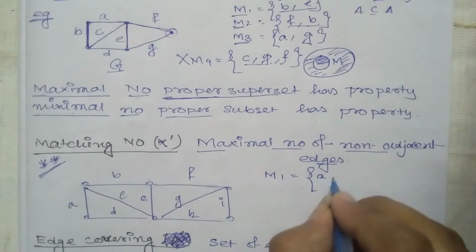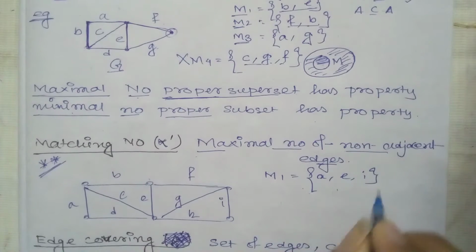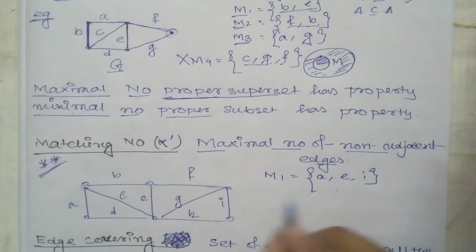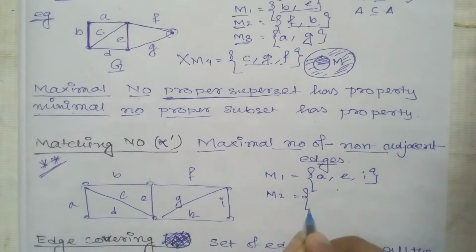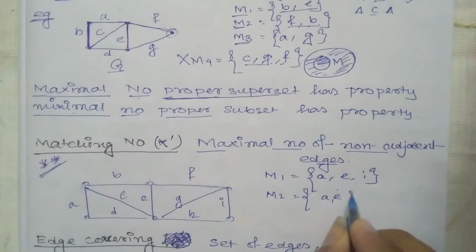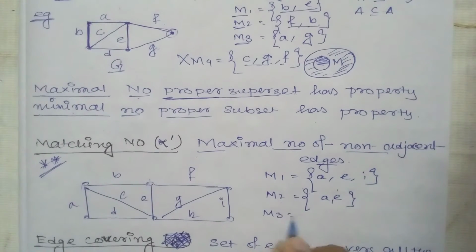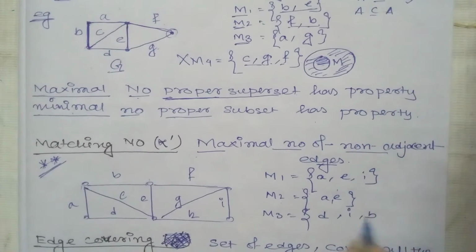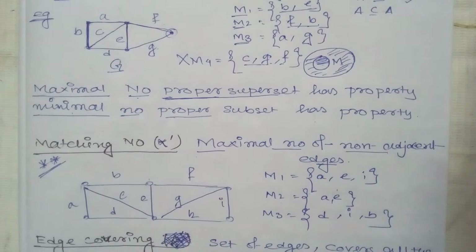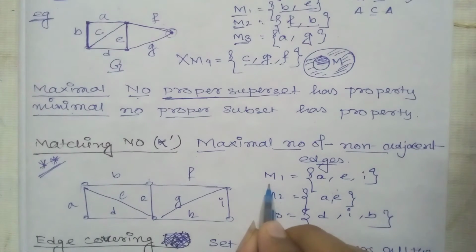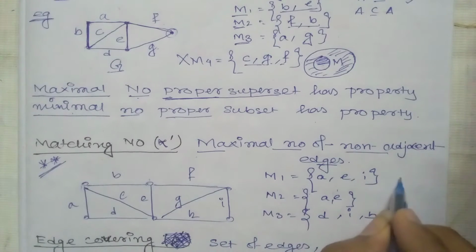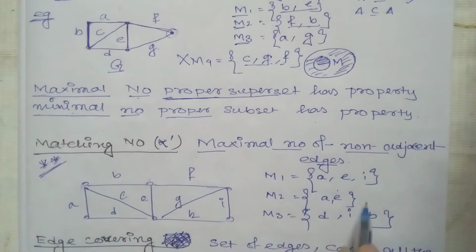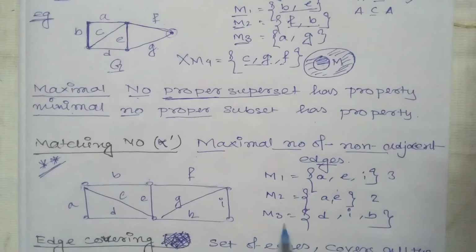Let's define some matchings over here. We can take A, E, I, which are non-adjacent edges. We can also take A, E, which is another matching. And we can take D, I, B. The number of edges M1 contains is 3, M2 contains 2, and M3 contains 3.